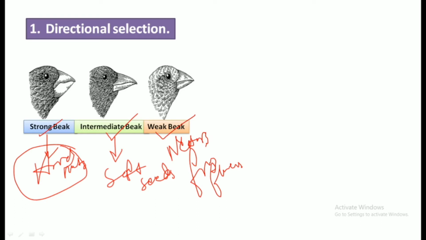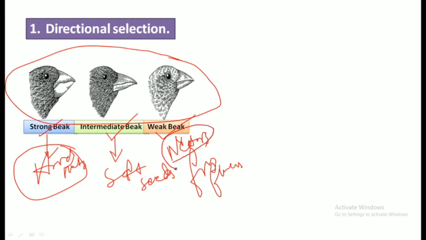But within these three different organisms in the population, one of such beak features could have a much greater advantage over the others. The weak beaks, those taking nectar from the flowers, could get their food very easily because there are lots of flowers, and they could also find soft fruits very easily.